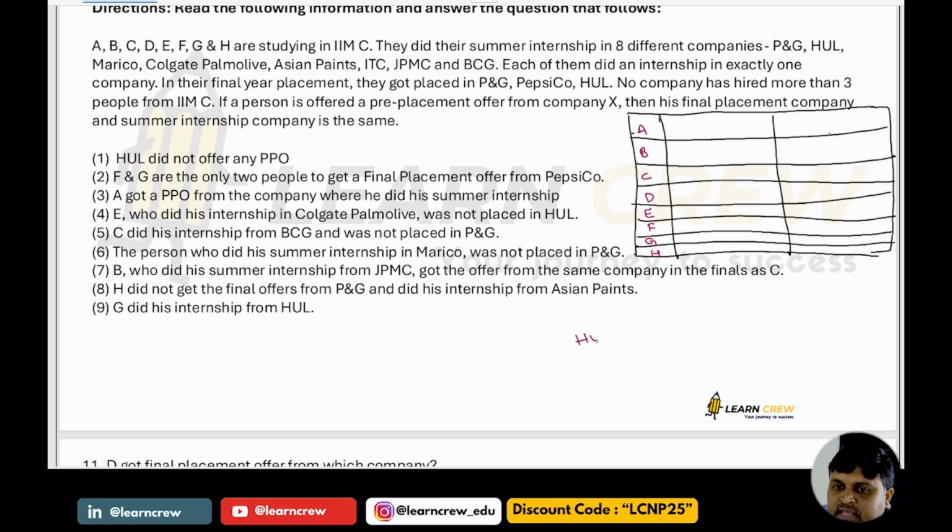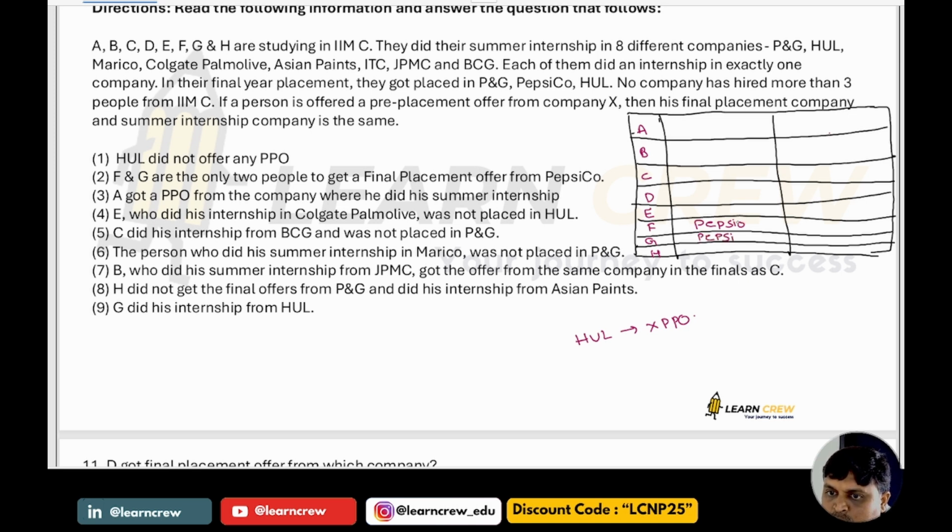It is given that HUL did not offer any pre-placement offer. Next, F and G are the only 2 people to get a final placement offer in PepsiCo. So F and G are the only 2 to get PepsiCo. Only two.